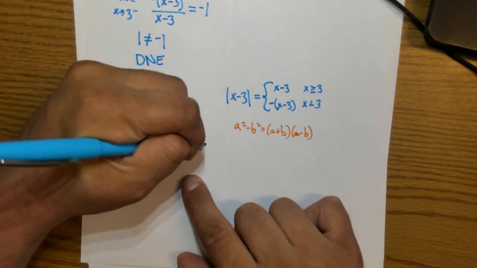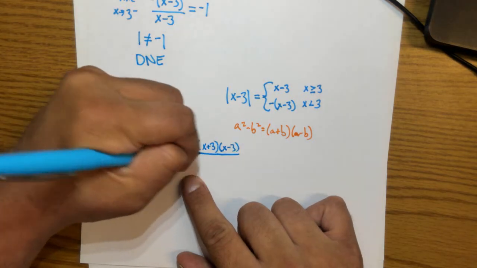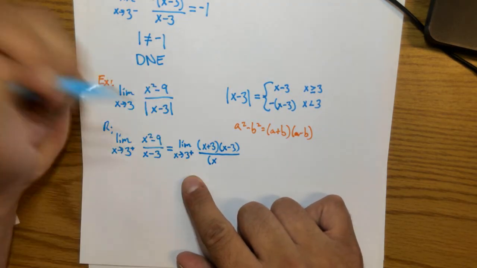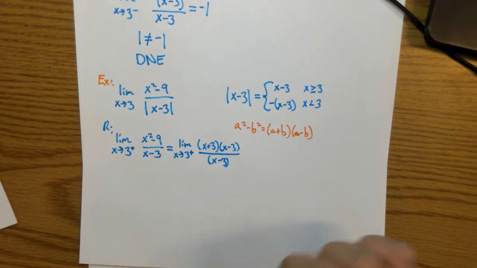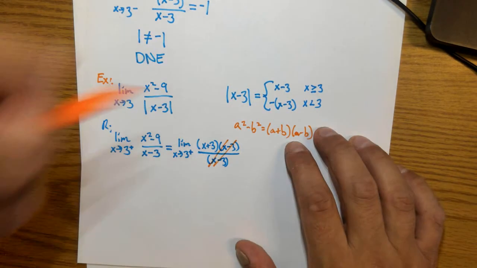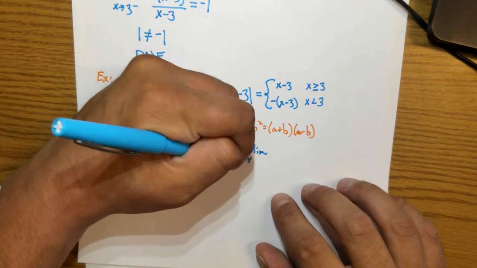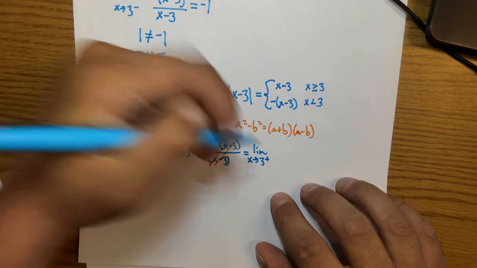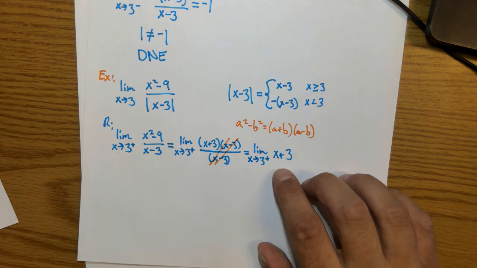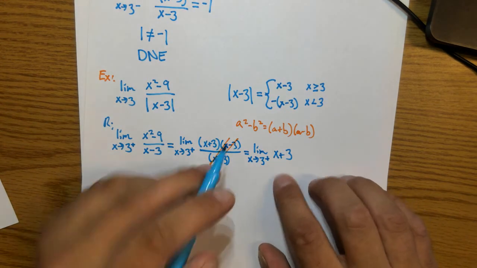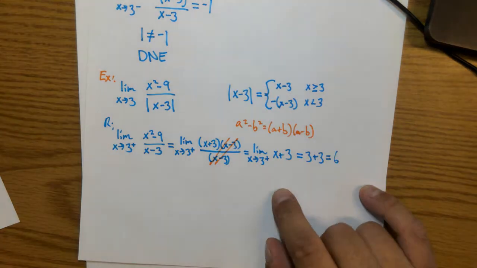So it's going to be (x plus 3) times (x minus 3) over (x minus 3). And then now you can see, this should be looking pretty obvious now. This cancels. So we're left with the limit as x approaches 3 from the right of x plus 3. And now we can go ahead and plug in that 3. So let's see, 3 plus 3 is just going to give us 6.